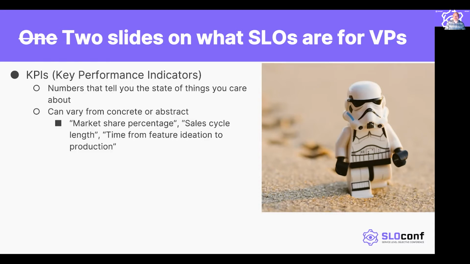Some example ones that you probably are pretty familiar with are market share percentage, the sales cycle length, i.e. how long it takes to actually complete a sale from time of introduction to customer to actual signing of the check, or the time from thinking of a feature in the software that you're responsible for to it actually making its way out to production, and so on. You, in other words, monitor the current state of affairs and you influence the future state, often by picking some kind of new target percentage for market share or attempting to shrink the sales cycle length, etc.